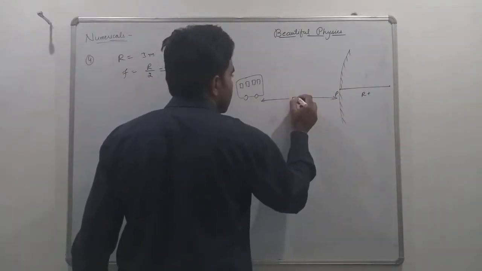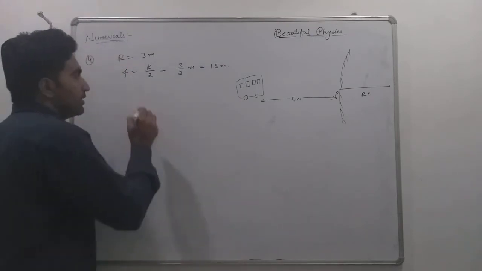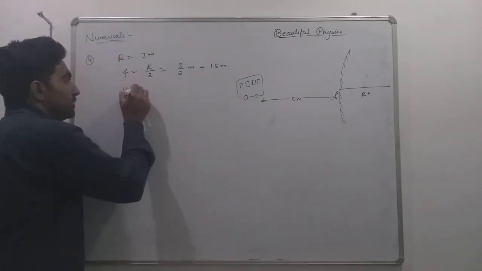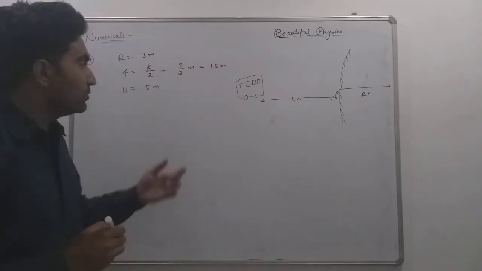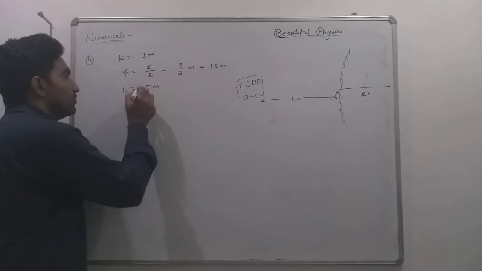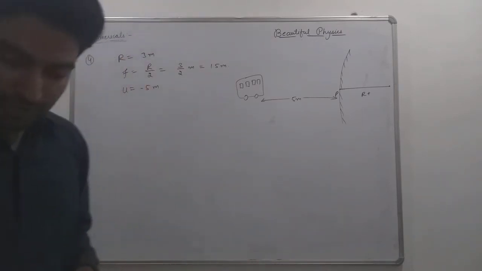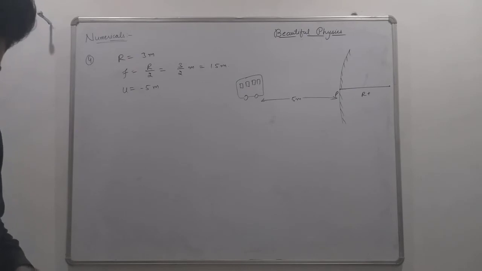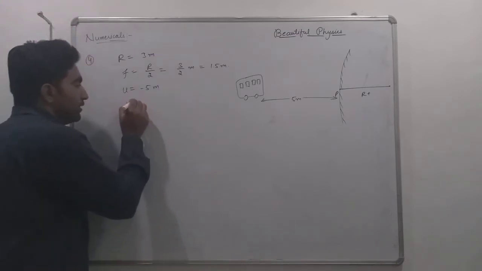So the object distance u is 5 meter here, and we know very well that the object distance is always negative. So u is minus 5 meter, and we have to find the position, nature and the size of the image formed. Again we have to find the position, so we have to find v.